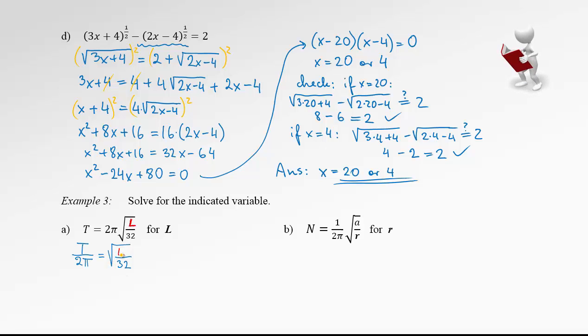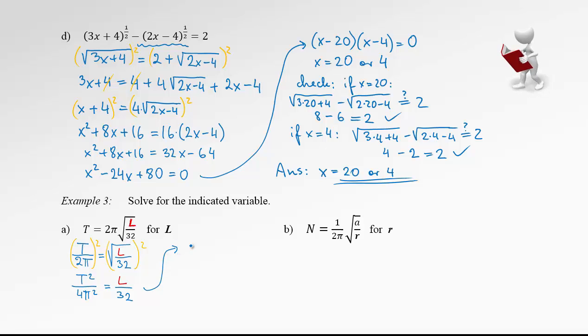Now, to get closer to L, we have to undo the radical. So we are squaring both sides of the equation. Therefore, we obtain t squared over 4 pi squared on the left-hand side and L over 32 on the right-hand side. Okay, we are nearly at the end. The last thing that we need to do is to get rid of 32, which means to undo this division, we need to multiply by 32. 32 will go to the numerator on the other side.